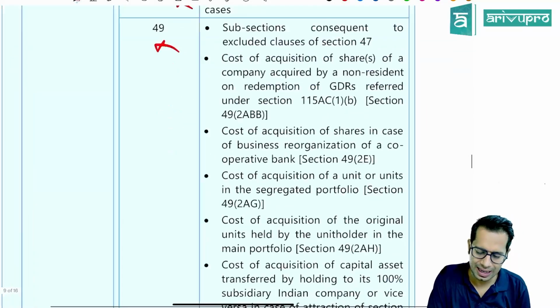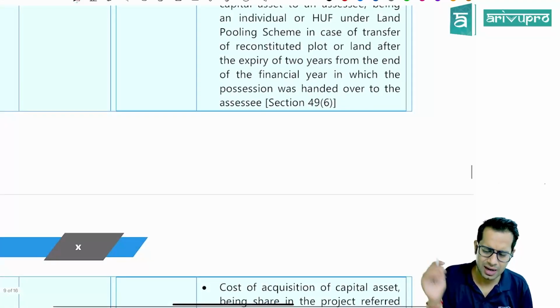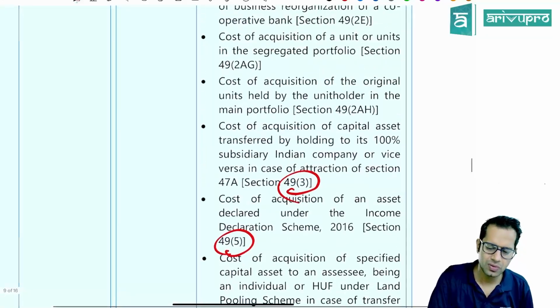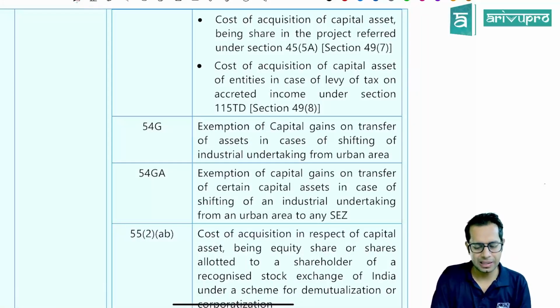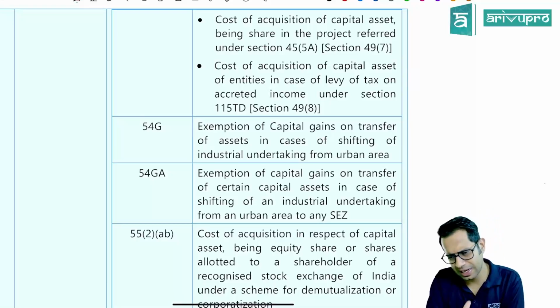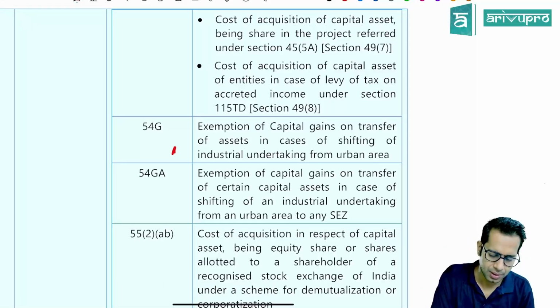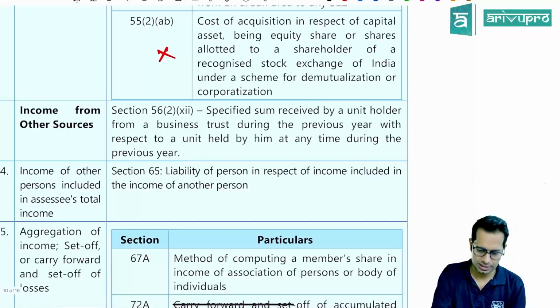Section 49(1) and 49(4) are applicable to you, which we discussed in the classroom. But there are other sections also which are not applicable to you, and we have not discussed them. Whatever we have discussed in the capital gains chapter in the classroom is applicable to you. Apart from that, anything else is not applicable. All these points are not in your syllabus.